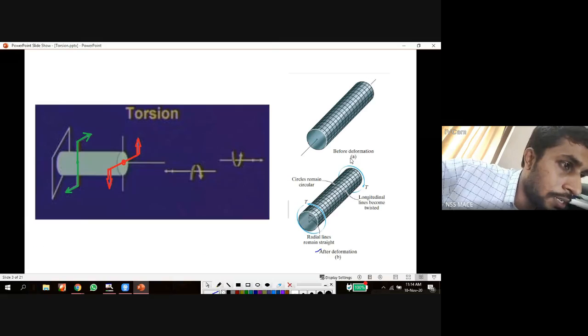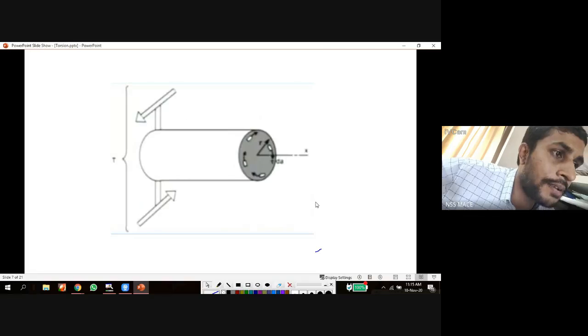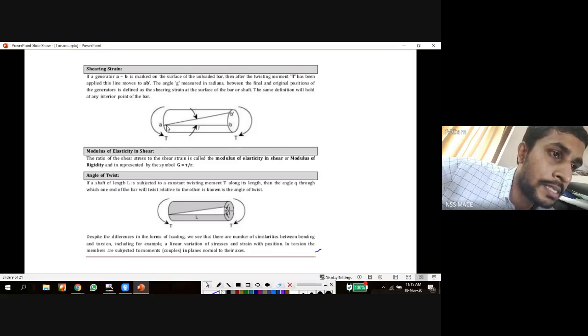What happened to these straight lines? If you take a particular longitudinal line on the surface, it is twisted by an angle. Similarly, here we can see a line AB.